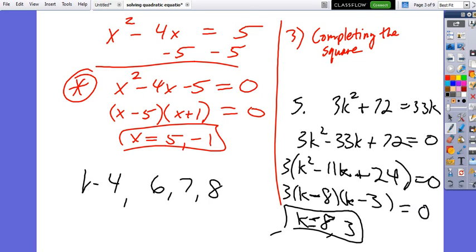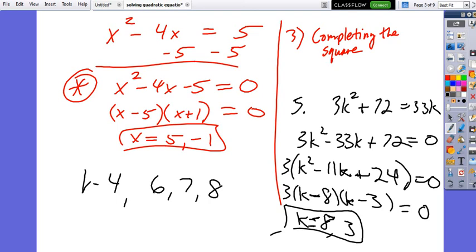This trinomial is going to factor into k minus 8 times k minus 3, because 3 times 8 is 24, and 3 plus 8 is 11. Negative 3 plus negative 8 is negative 11. So my solutions are k equals positive 8 and positive 3. Those are the opposites of what are in parentheses. Also notice that the GCF has nothing to do with our solution whatsoever.